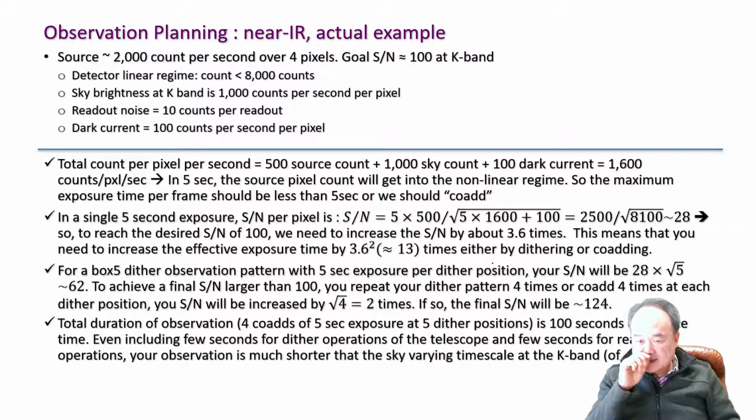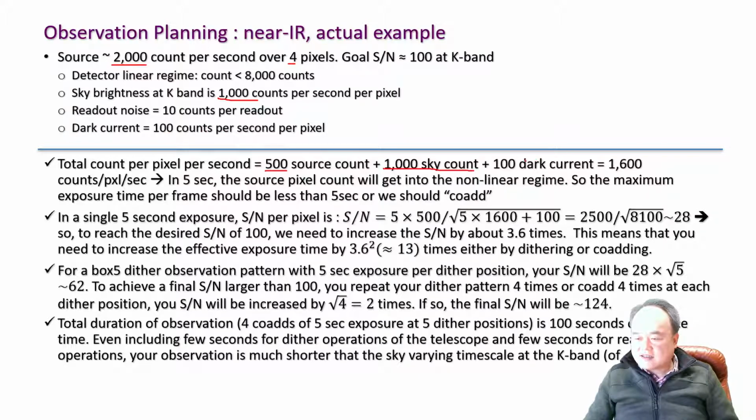So this is the example. The total count per pixel per second for the 4 pixels occupied by your science target: 500 counts from your source, remember that the 2,000 counts were spread over 4 pixels, so per pixel the source count rate is 500. Then K-band brightness contributes 1,000 counts per pixel from the sky.